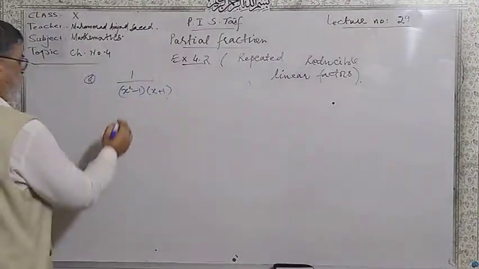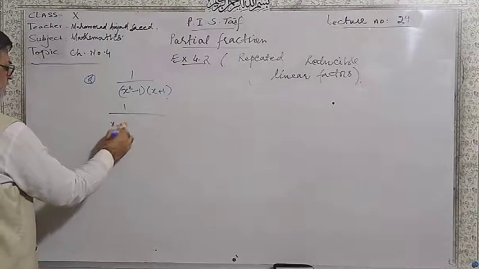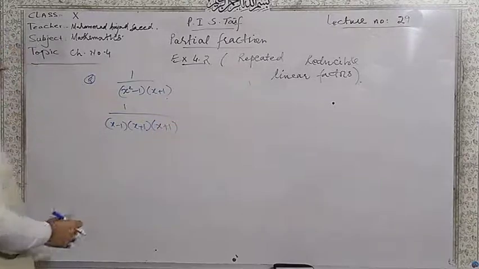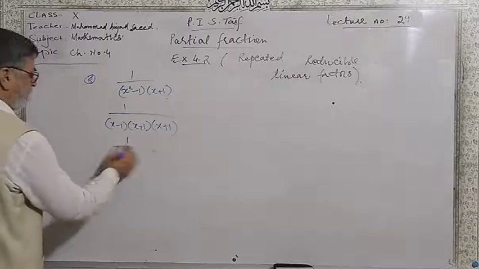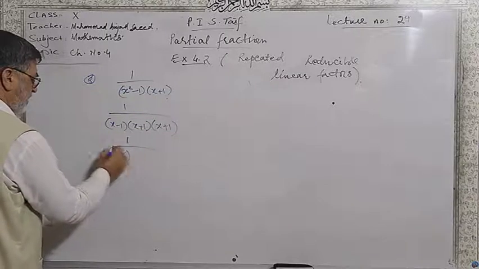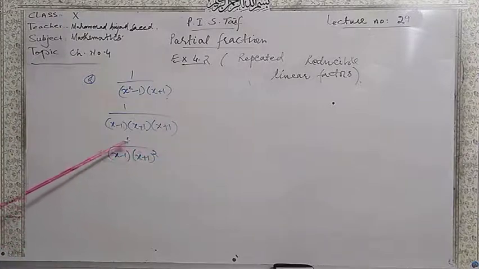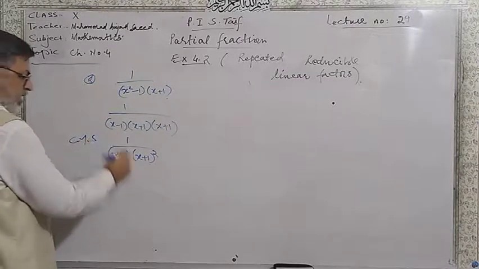Now you will write down what about x square minus 1? It can be written as x minus 1 into x plus 1 into x plus 1. This is the formula actually, a square minus b square, a minus b, a plus b, and then you can combine similar brackets as whole power 2. Again, this is just like your previous question. I hope that you can complete this question.